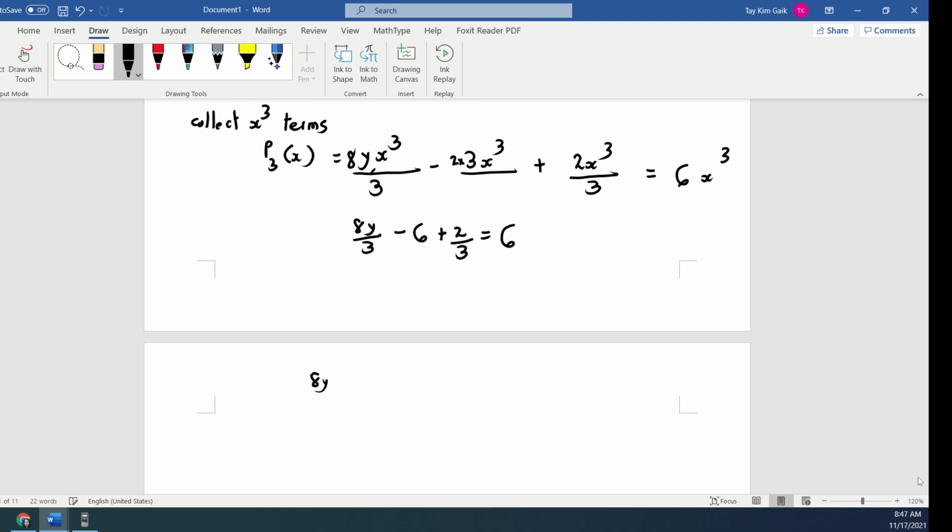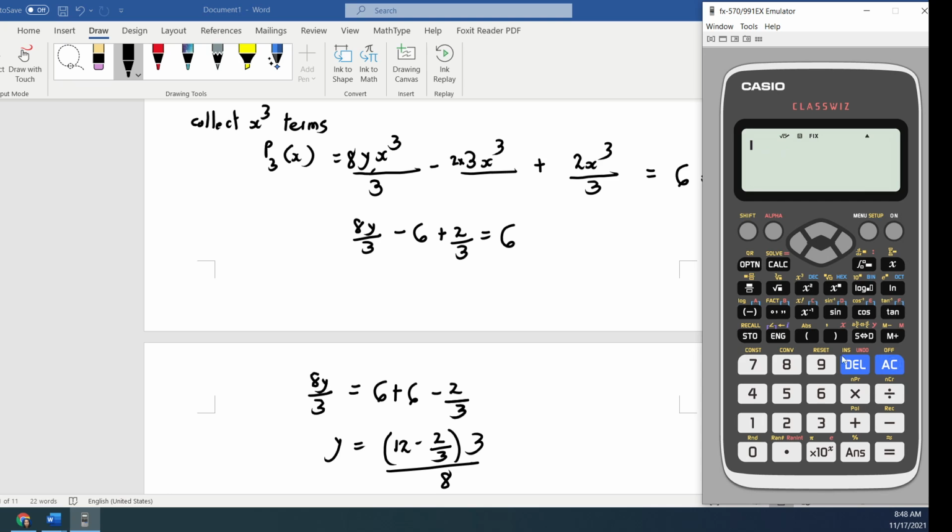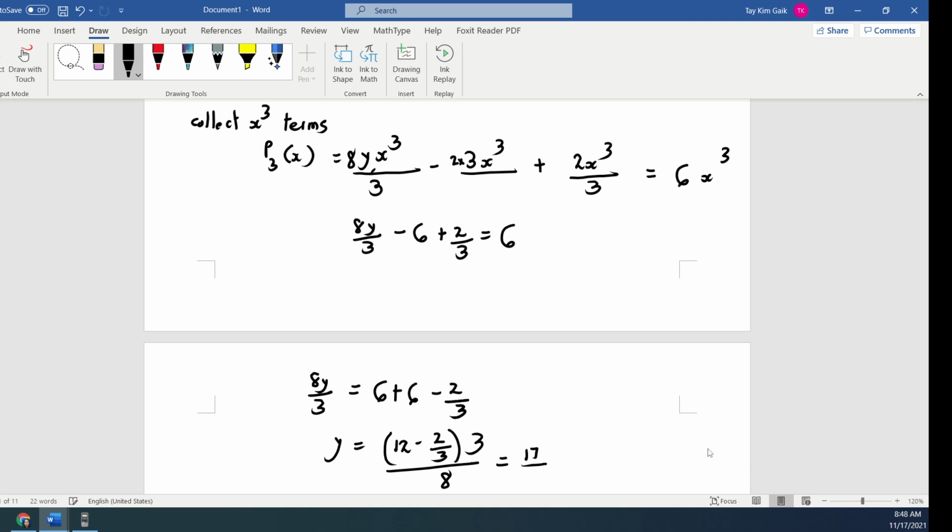So you have the 8y over 3, which will be 6 plus 6 minus 2/3. So the y is 12 minus 2/3 divided by 8 times 3, which gives seventeen over 4.